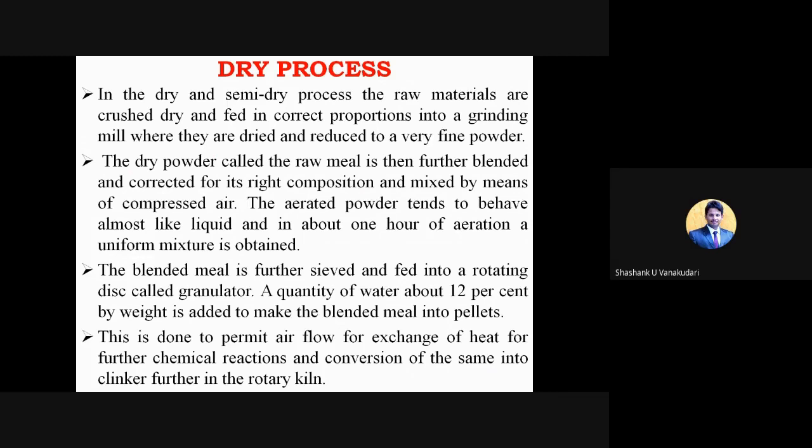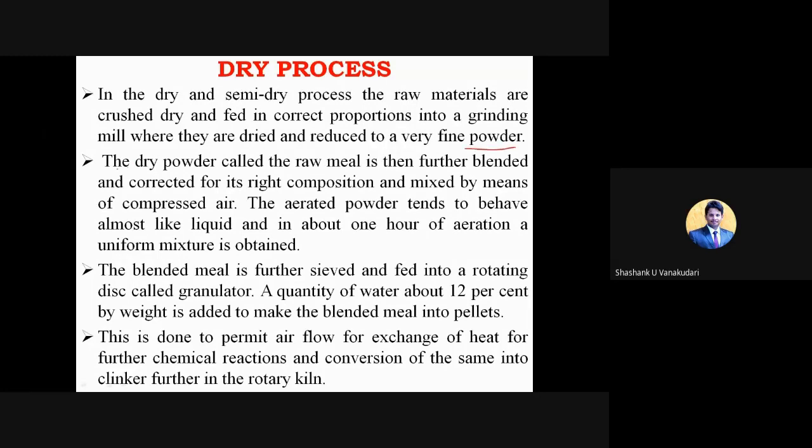They are fed in correct proportions, depending upon the quality of the chemical compositions and the purity of those raw materials. They fix the proportions of those raw materials, send them to the grinding mill, and there they are dried and reduced to a very fine powder.